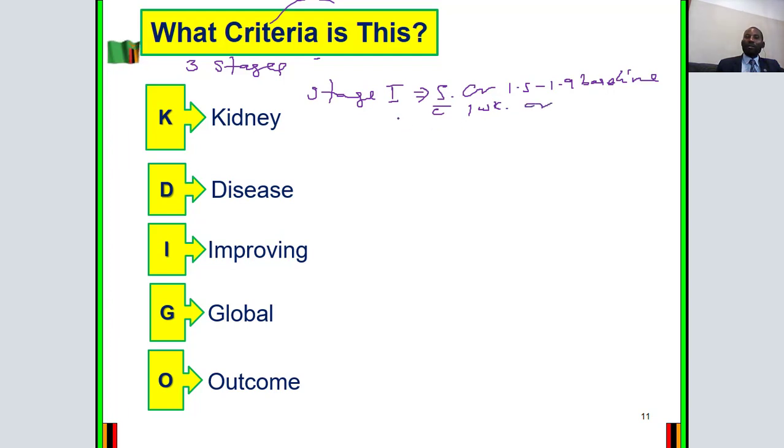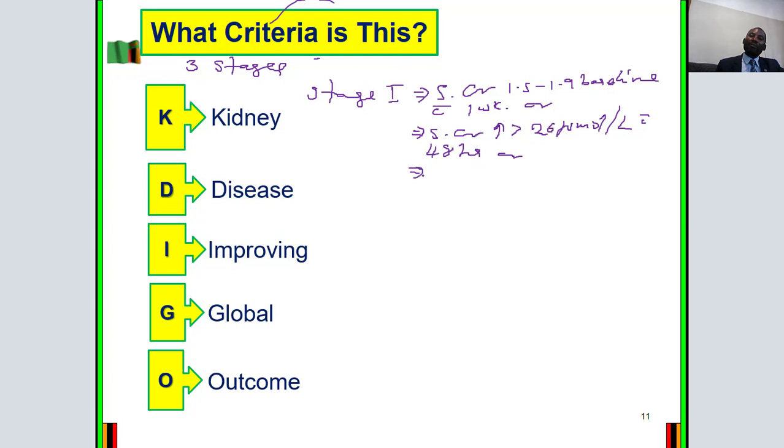Or serum creatinine increases by more than 26 micromole per liter within 48 hours. That's still stage 1.